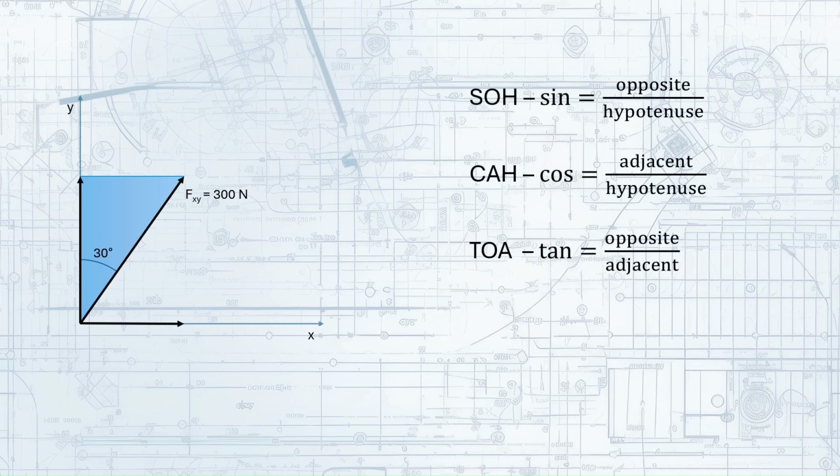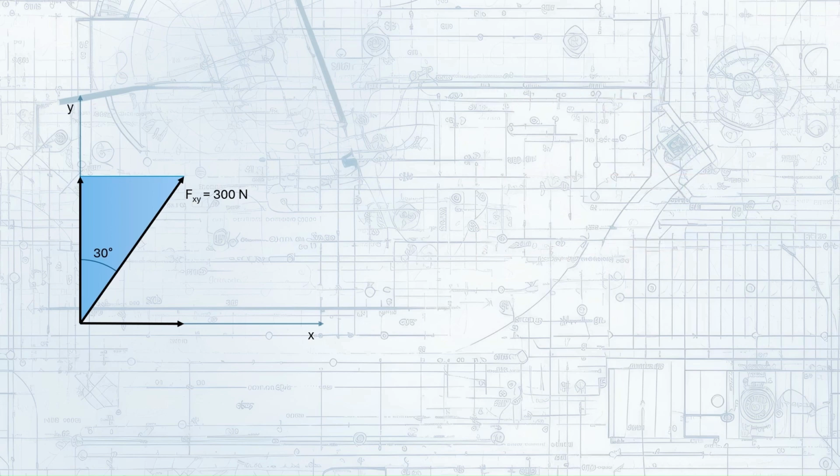Just a quick review of SOHCAHTOA. SOHCAHTOA tells us that cosine of 30 will give us Fy and sine of 30 will give us Fx. So that means Fy, which is right here, this is Fx, Fy equals 300 times the cosine of 30.